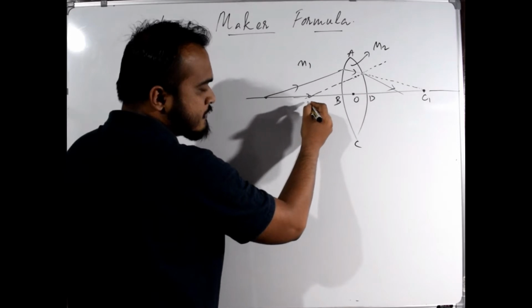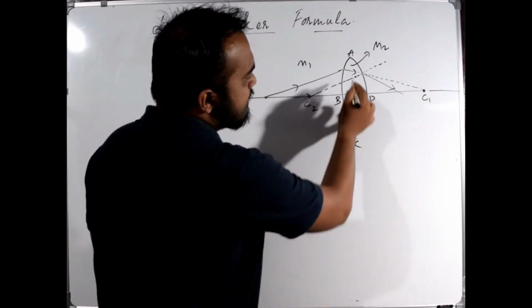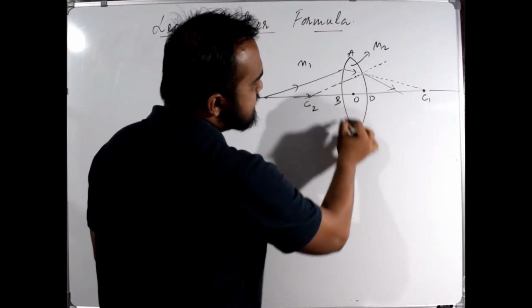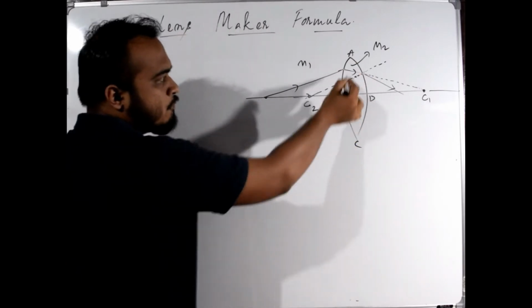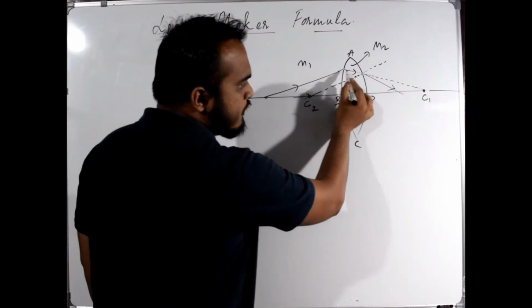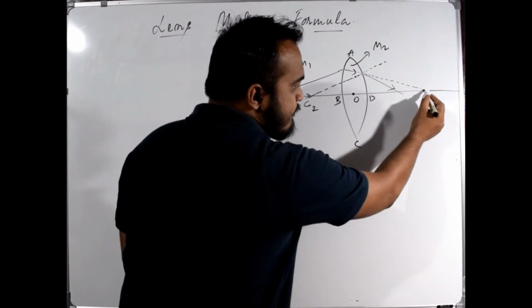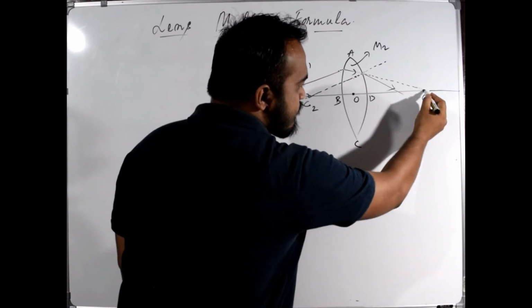Let us say this point to be C2. This is the center of curvature C2. And the normal on the surface ABC will meet the principal axis at the point C1.